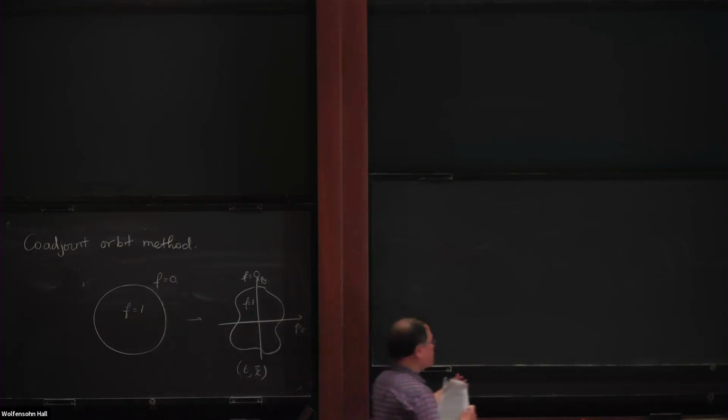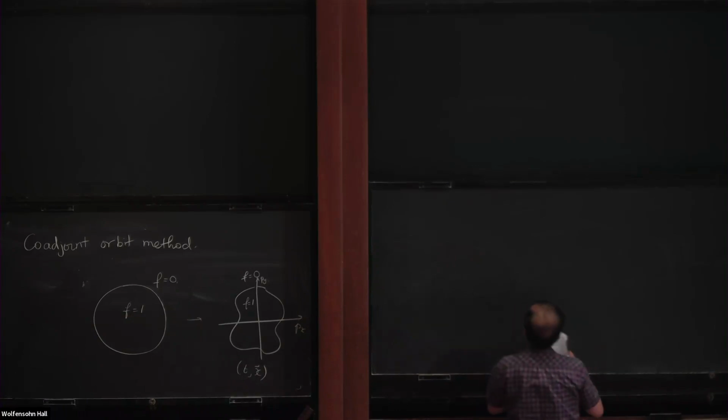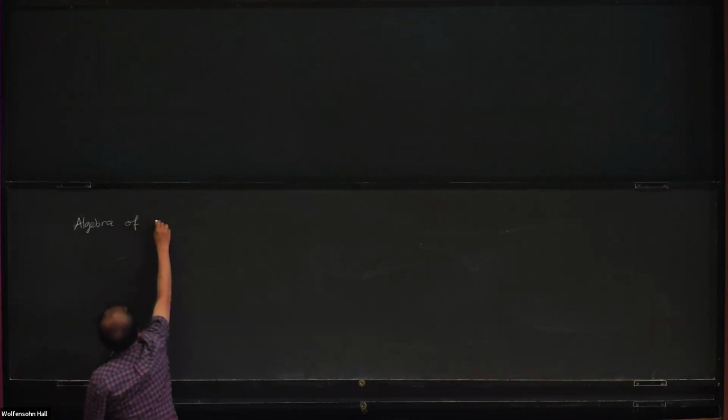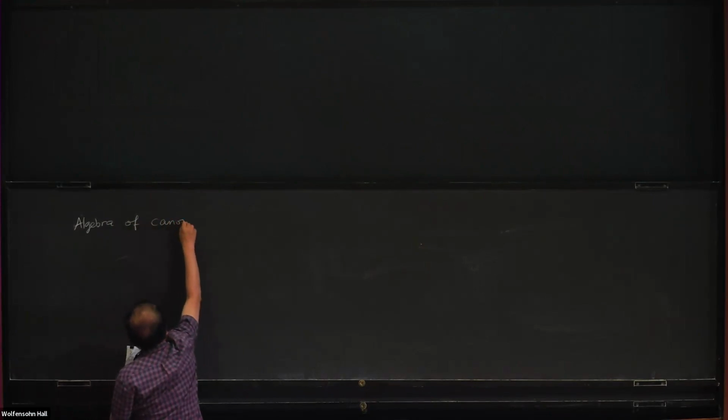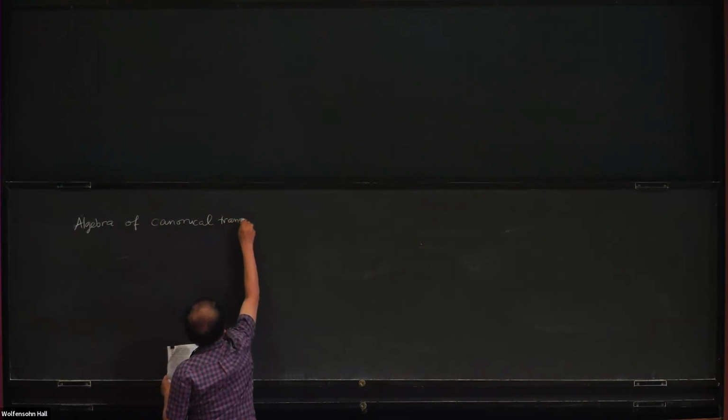So I'm going to jump to one object that we will need. Here is the object called the group and the algebra. First, the algebra of canonical transformations.